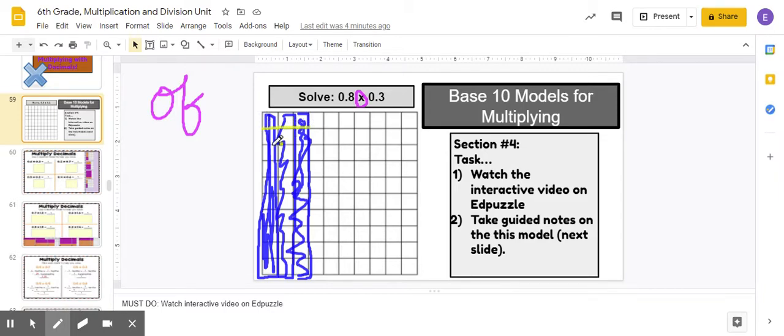Since we know this original 100 grid is 10 by 10, I can take my 3 tenths and essentially divide it up here by cutting from side to side. Since I know that this is 10 units long or tall here, I can break them up, right? So there's three little units in each of my 10 parts.